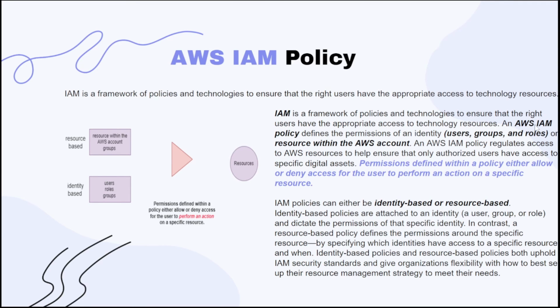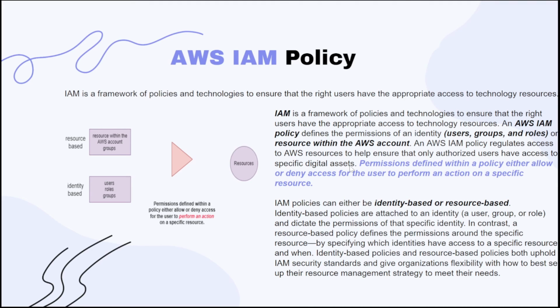An AWS IAM policy defines the permissions of an identity, users, groups, and roles, and or a resource within the AWS account. An AWS IAM policy regulates access to AWS resources to help ensure that only authorized users have access to specific digital assets.